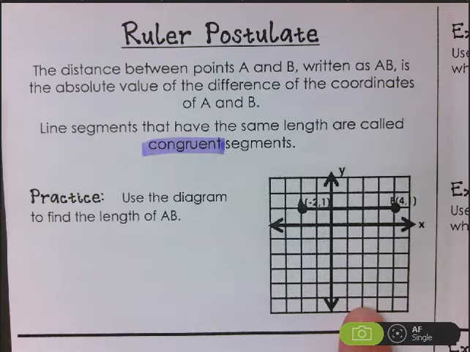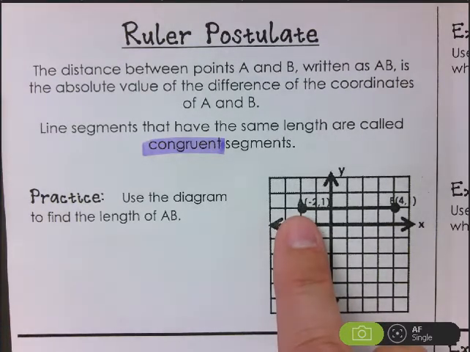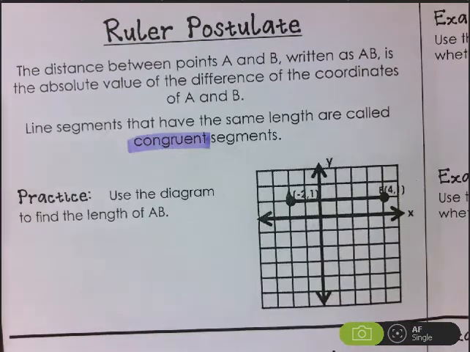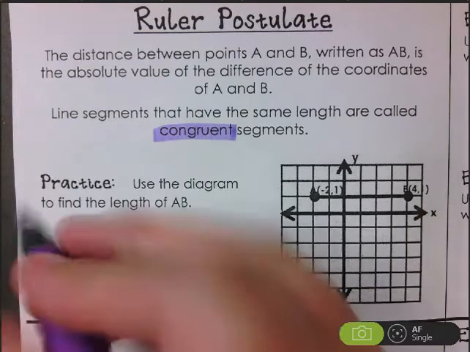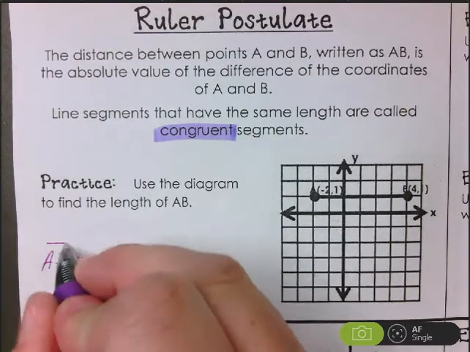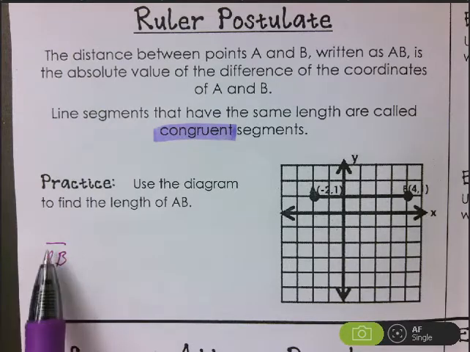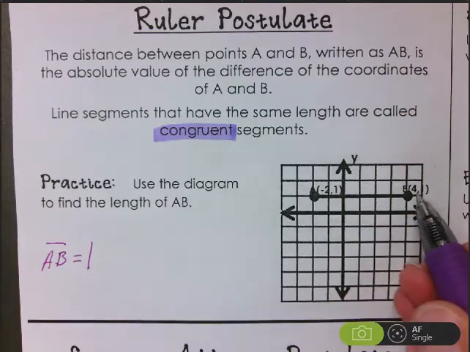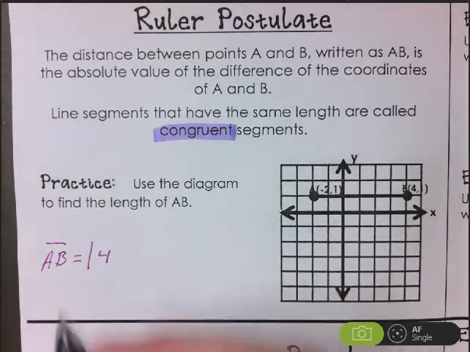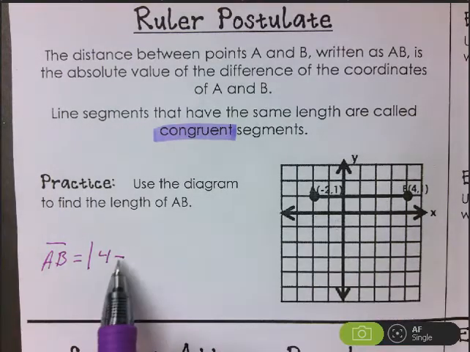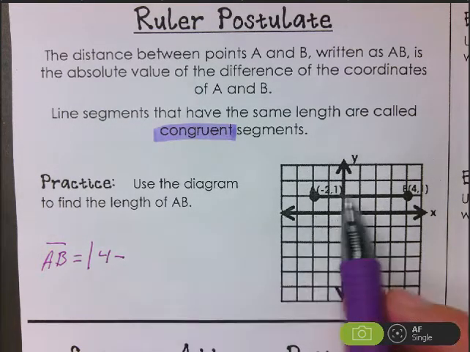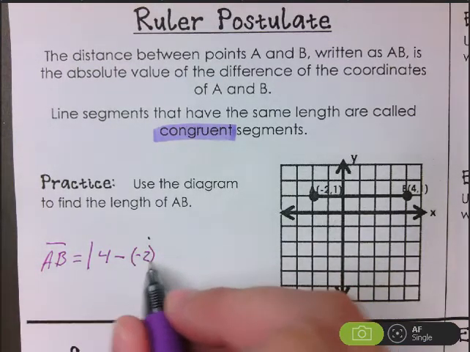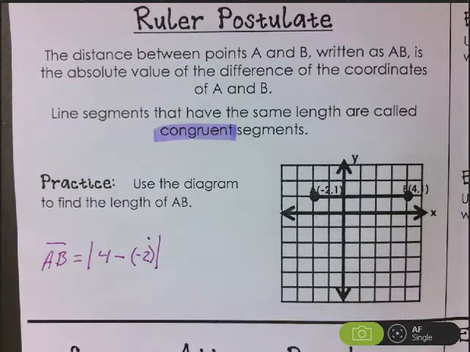It says we're going to use the diagram to find the length of AB. Point A is here, point B is over here. So we have segment AB. Remember we talked about to say a segment, we have no arrows on the ends. It equals the absolute value, and then we have a value of 4 at B, so we put 4 minus, because difference means subtract, and then the value at A, which is a negative 2, and then we close our absolute value symbol.